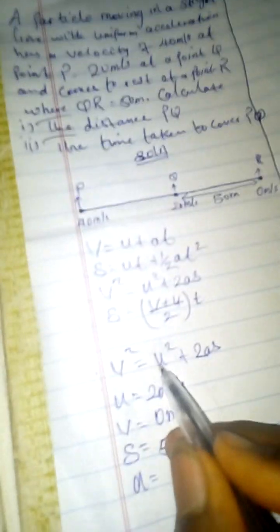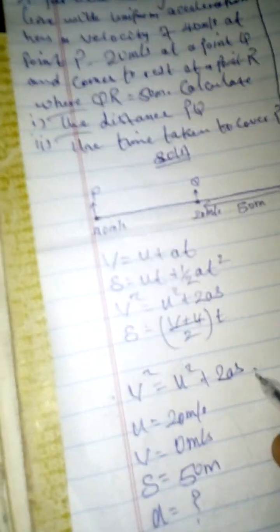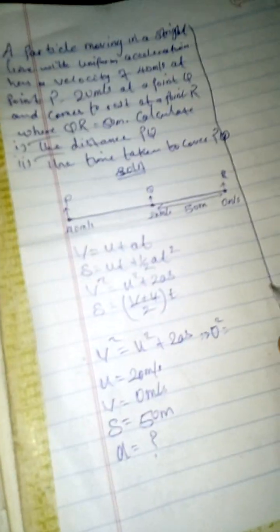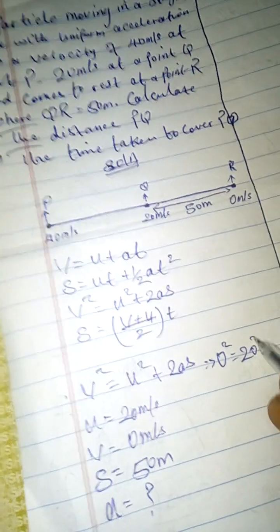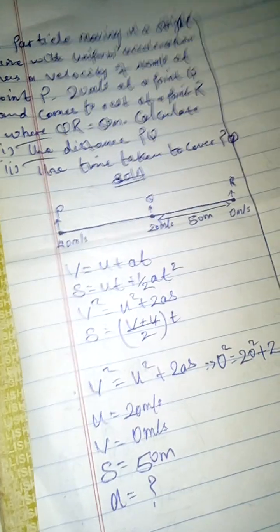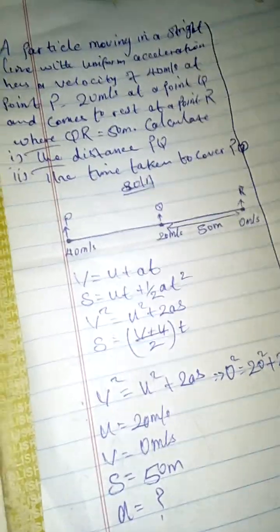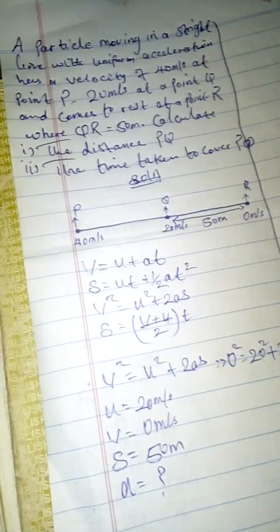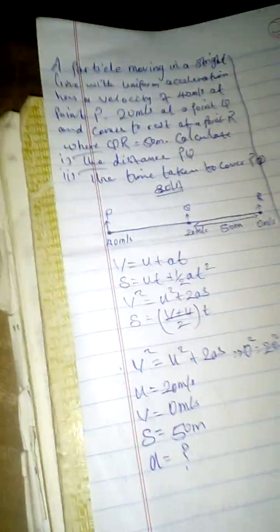So from this equation, we have to substitute. V is now equal to 0 square, which is equal to U, 20 square, plus 2 into A. The S here is 50.